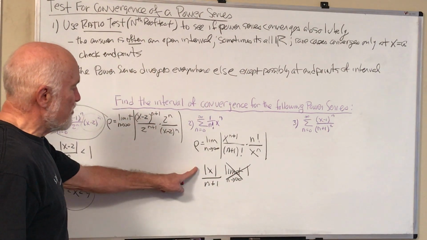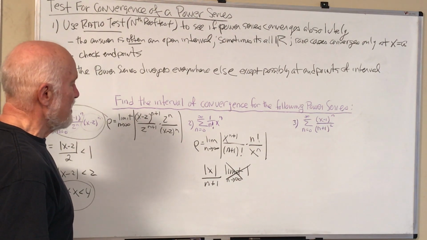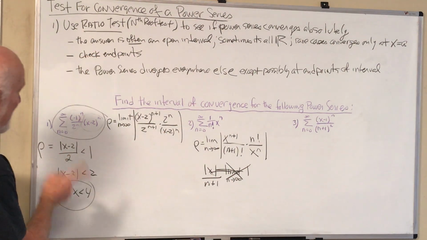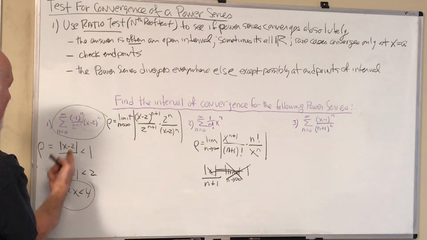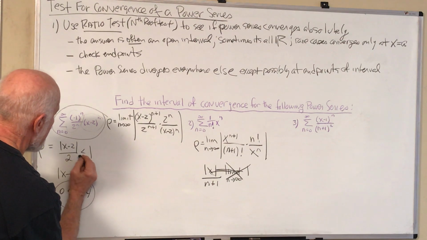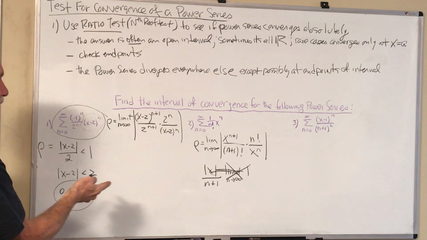So rho just turns out to be the absolute value of x over n plus, well, I'm sorry, this time the limit does really matter, because on this one, there are no more n's left. So you just have this right here times the limit as n approaches infinity of 1.